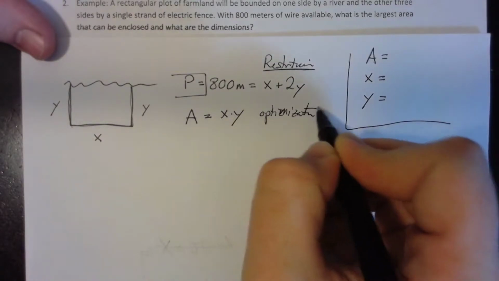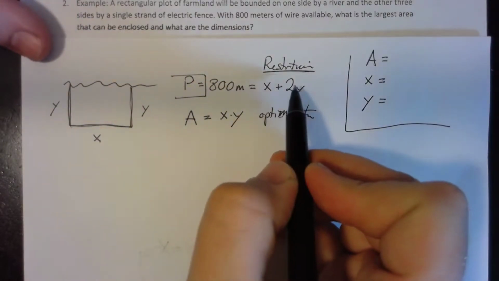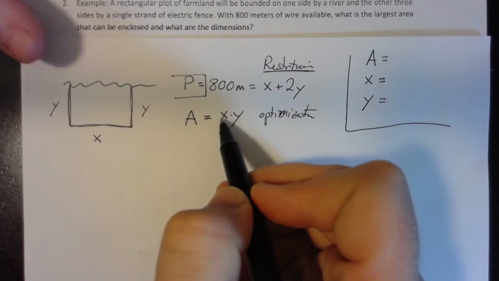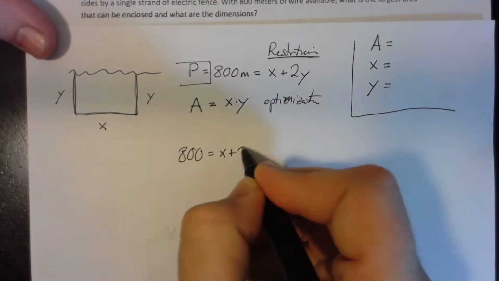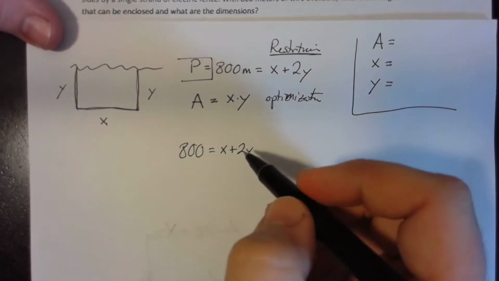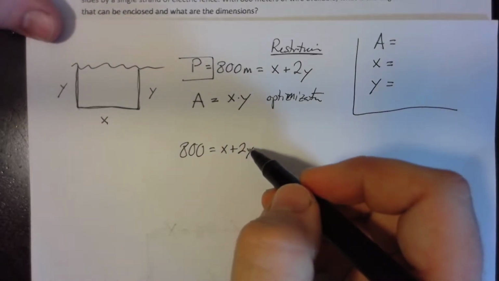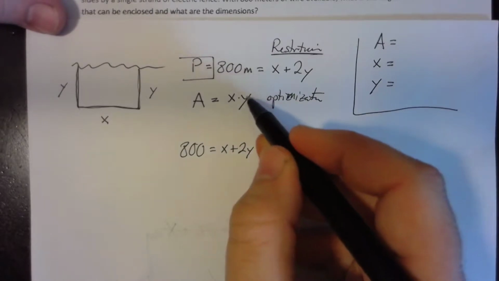If I have an optimization and a restriction equation, I will take the restriction equation, solve it for one of the variables, and plug it into the optimization equation. So if I have 800 equals x plus 2y, the intent is to solve for one of these two variables. It won't matter which one, it's whichever is easiest to solve for and plug back in.